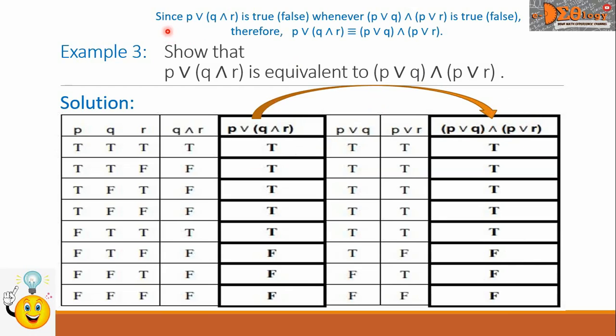So we say that since P or the compound proposition Q and R is true whenever P or Q and the compound proposition P or R is true, and P or the compound proposition Q and R is false whenever P or Q and the compound proposition P or R is false.